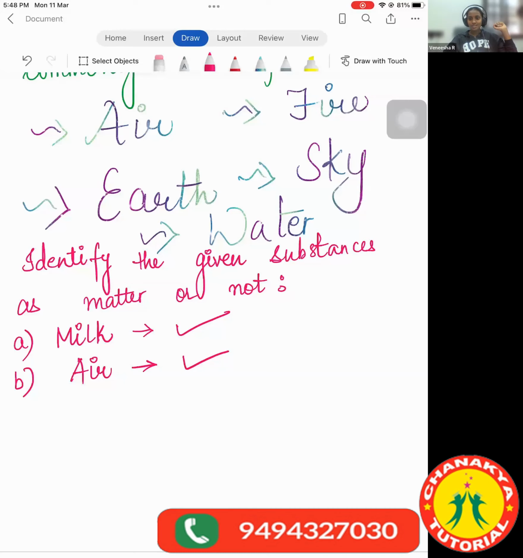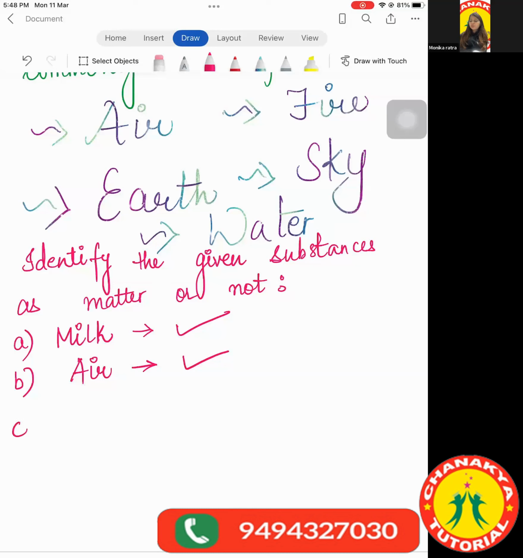If we take a balloon and blow it, it occupies space. And if you weigh the deflated balloon and the inflated balloon, the inflated balloon will weigh more. Why? Because it has some air in it. So it has both mass as well as it occupies space.